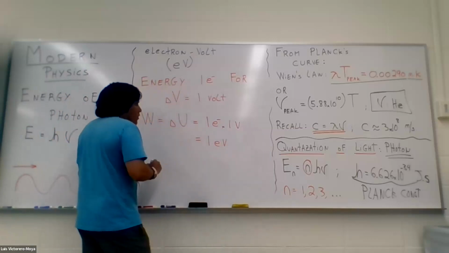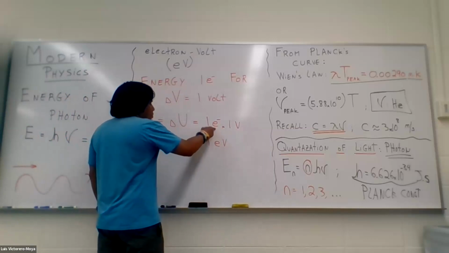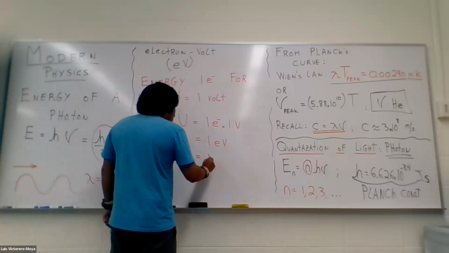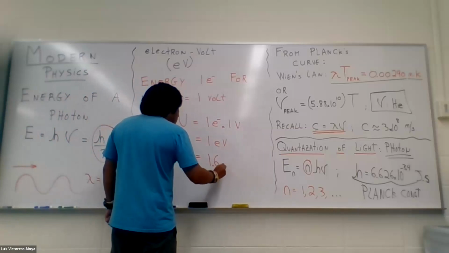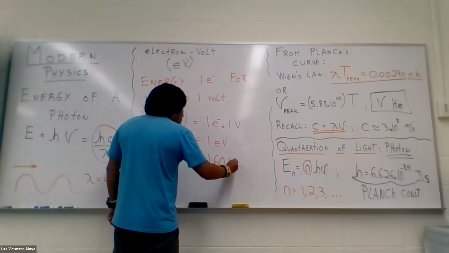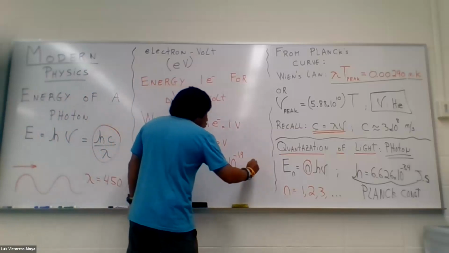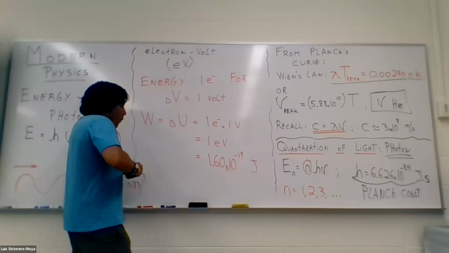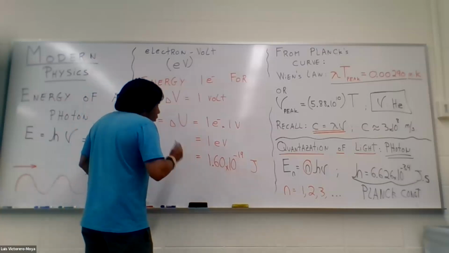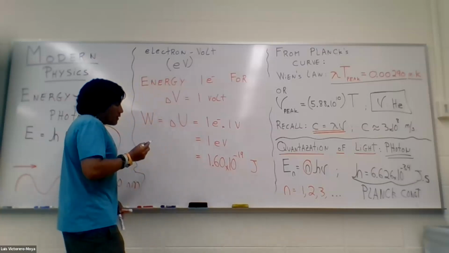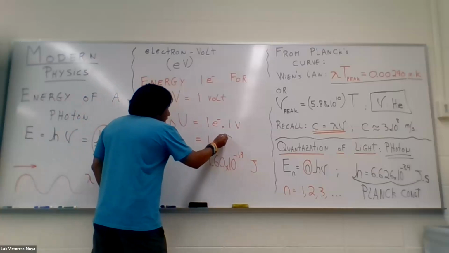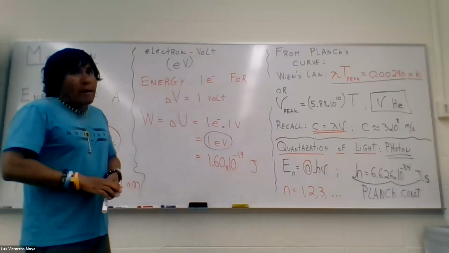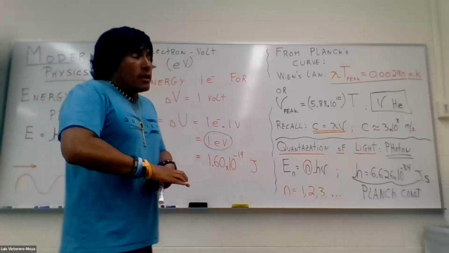Now, why is this important? Because I know the charge of the electron. So in joules, this will be 1.60 times 10 to the negative 19 joules. In quantum physics, we are going to be using a lot of energies in electron volts or mega electron volts.